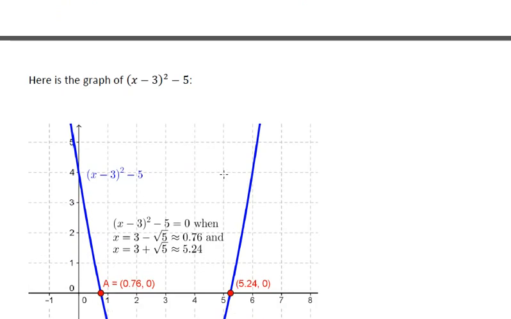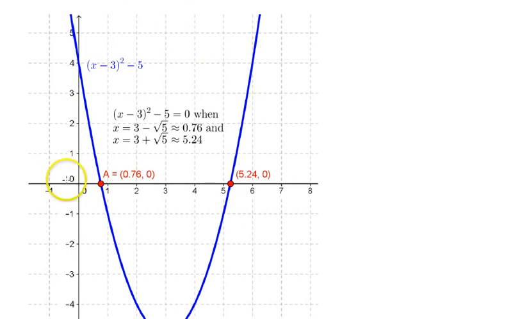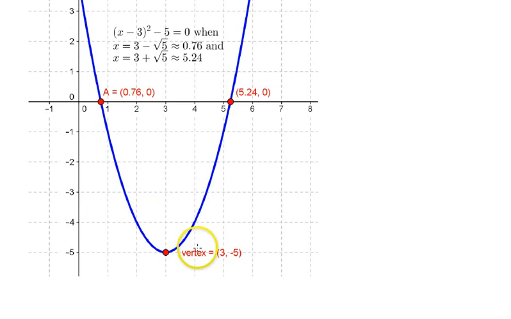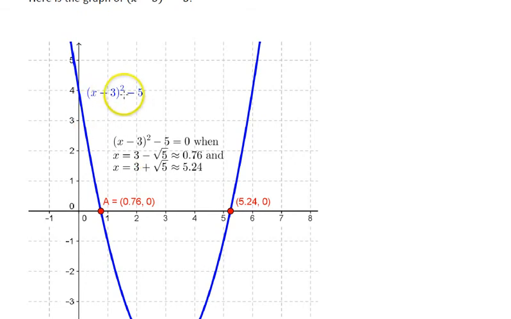If we look at the graph of this quadratic, x minus 3 squared minus 5, we see a parabola here. This is the x-axis and the y-axis, and there's the parabola. Its vertex, its lowest point here, and it's symmetrical on either side of the line of symmetry that goes through this vertex, is the point 3, negative 5. This becomes 0 when the y-axis value is 0, and that's where the parabola crosses the x-axis.